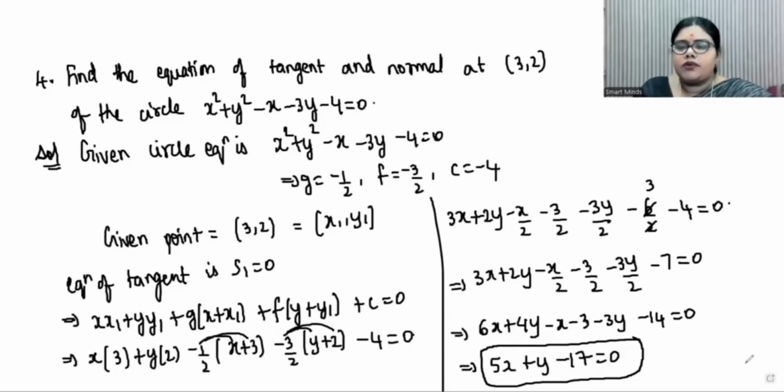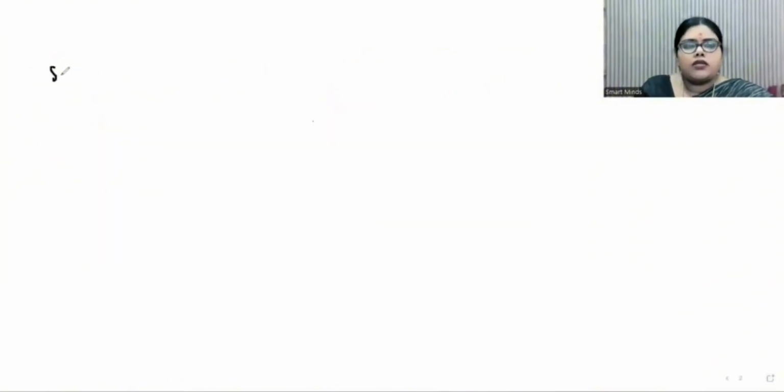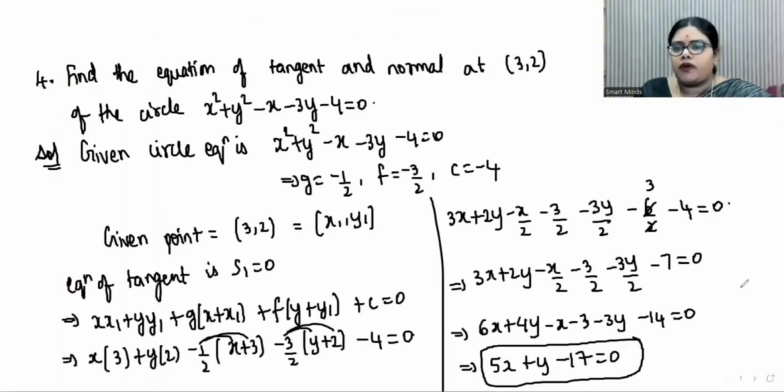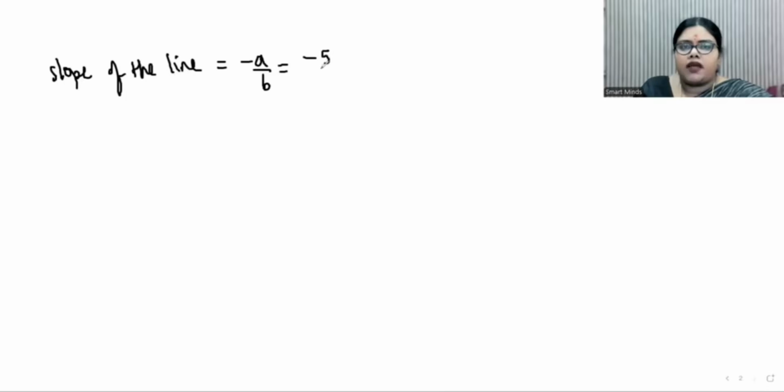Now to find the equation of normal, first we need to find the slope of this line. Tangent is nothing but a line. So what is the slope of the line? The slope formula is minus a by b, where a is the coefficient of x and b is the coefficient of y. So that is minus 5 by 1, which is equal to minus 5.